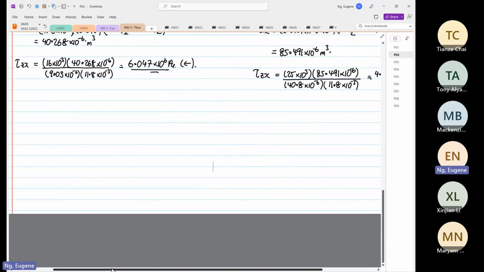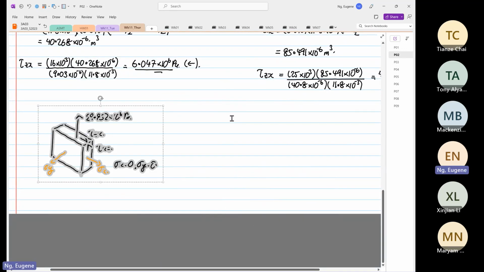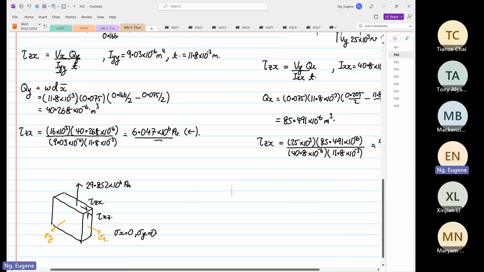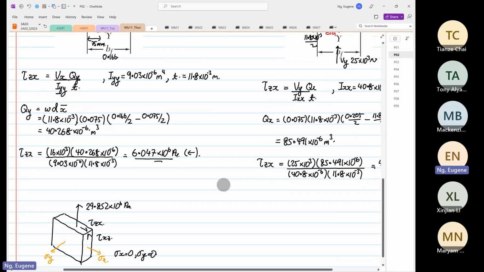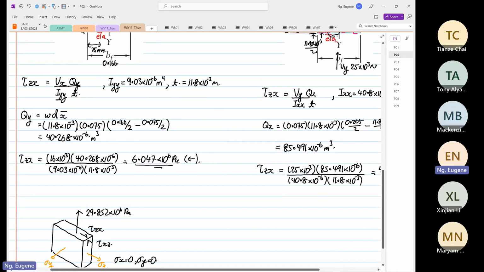This is where it's getting important. So we know the 6.047 is going in that direction, and the 6.047 is due to our Vx.